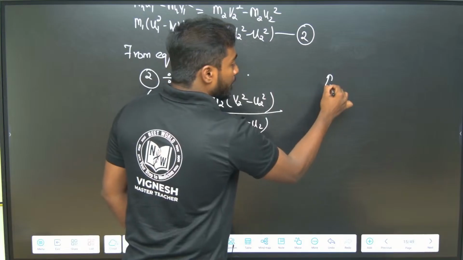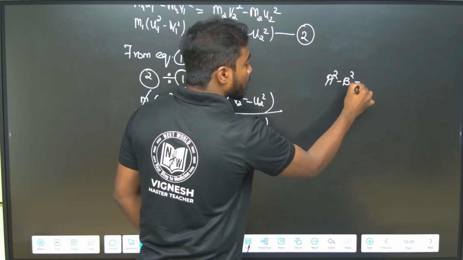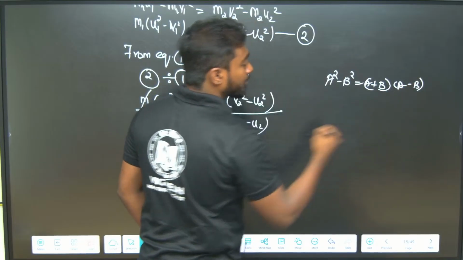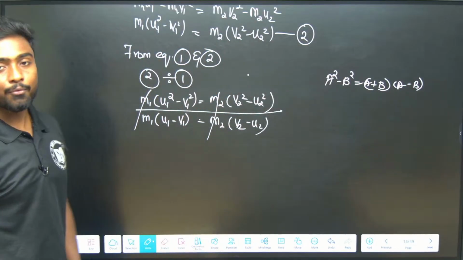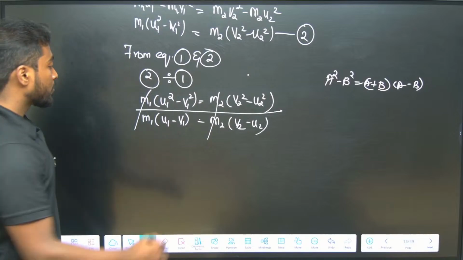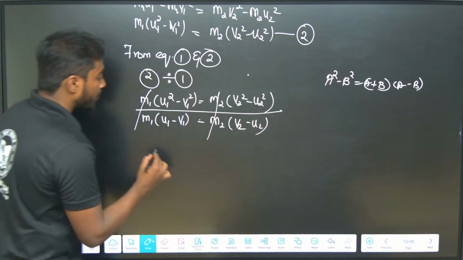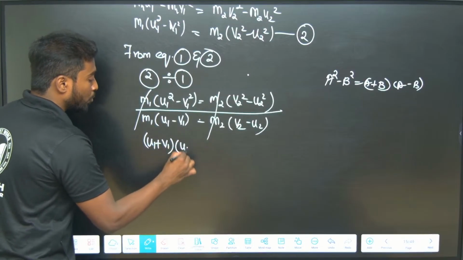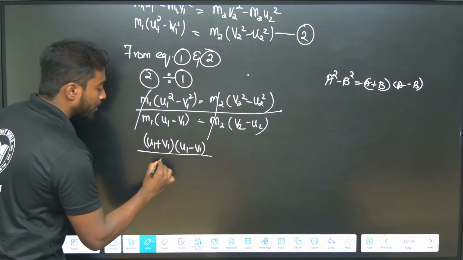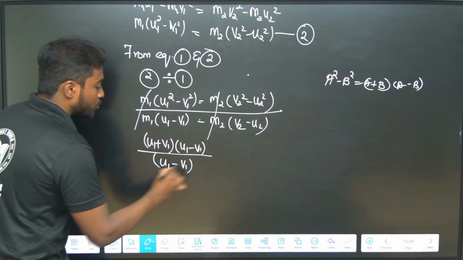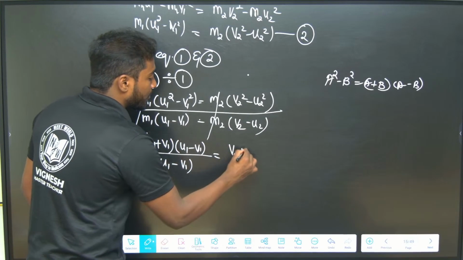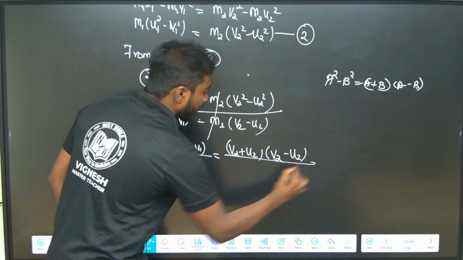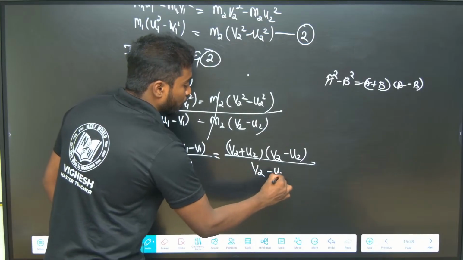So we know the formula, no? a square minus b square should be equal to a plus b into a minus b. This is the expansion of a square minus b square. So this one I can expand: u1 plus v1 into u1 minus v1 divided by u1 minus v1 should be equal to v2 plus u2 into v2 minus u2 divided by v2 minus u2, right.